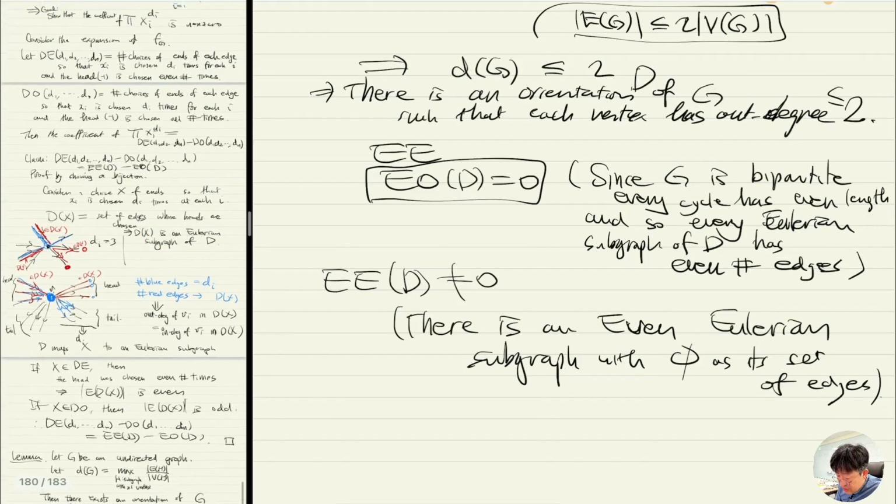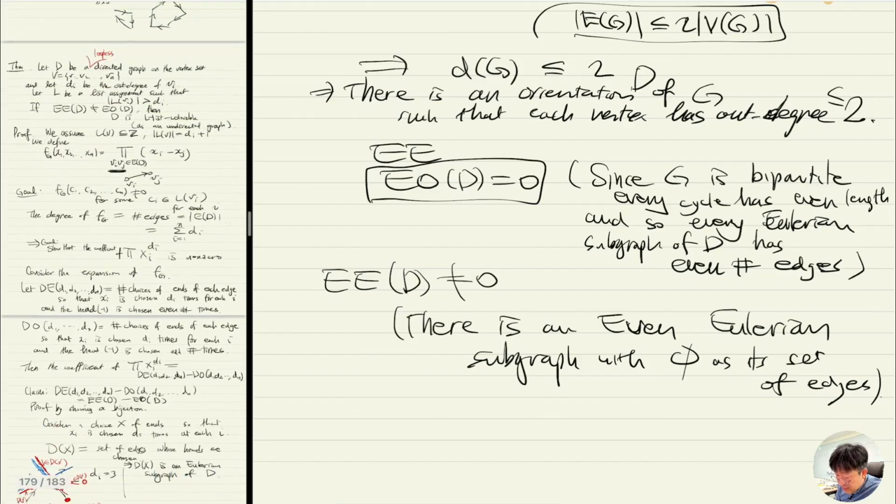Then we can use this theorem: since EE is different from EO, D is L-list colorable for any L whose size is bigger than the out degree of each vertex. But the out degree here is 2.